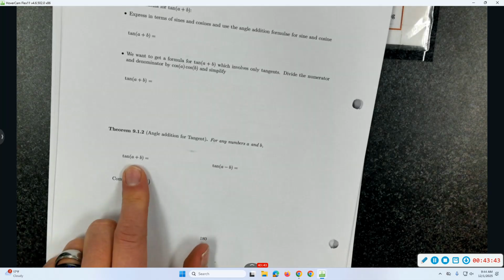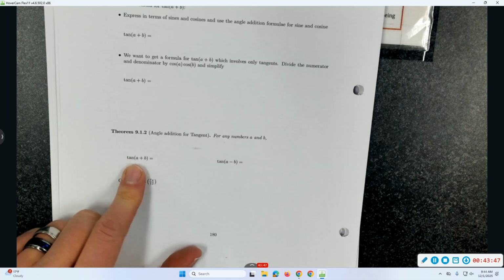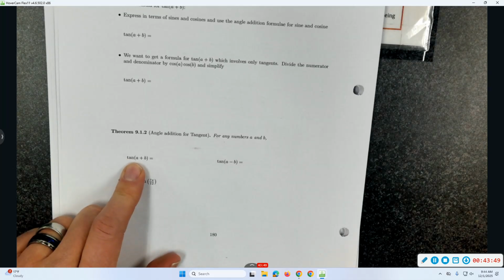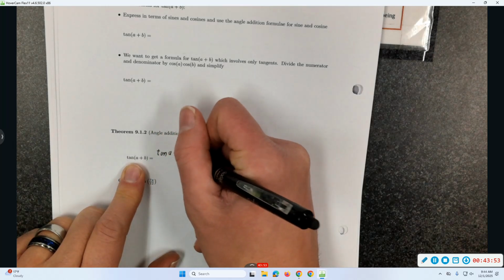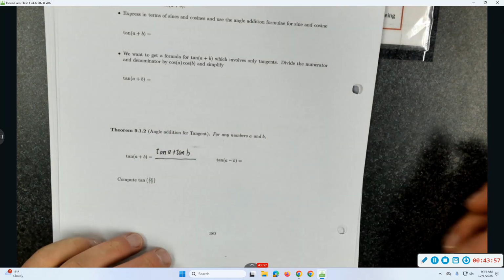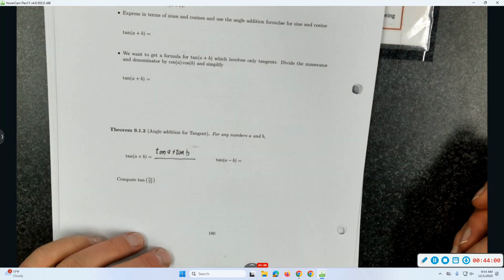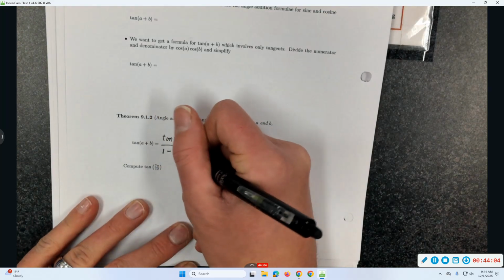I'm going to write down the angle addition formulas for tangent, then we'll use it. If you want to add together two angles, tangent of A plus B, the formula you'll get is tangent A plus tangent B. So you'll just add the tangents together, so that's obviously not enough. And then you'll divide by 1 minus the product.